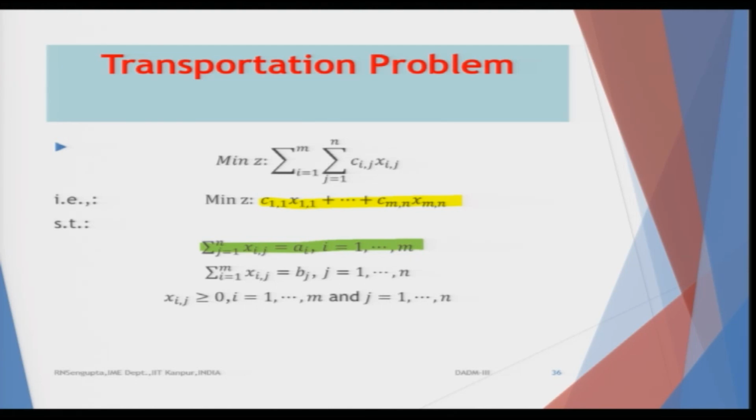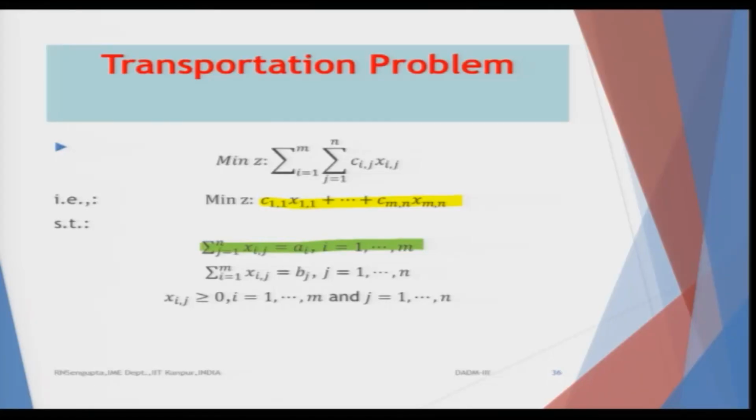Now, let us go column wise. Column wise we have the destinations starting from 1 to n. So, the summation would be x_ij, with i equal to 1 to m, and this would be equal to b_j, which are the values given at the bottommost row.